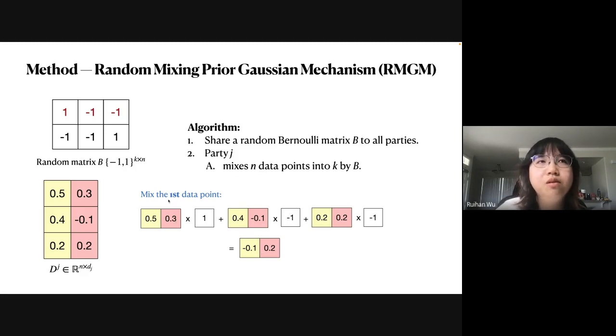To mix the first data point, we select the first row of this random matrix, multiply those 1 and minus 1 values to the corresponding data points in the private data matrix, and sum them up to get our first mixed data point.